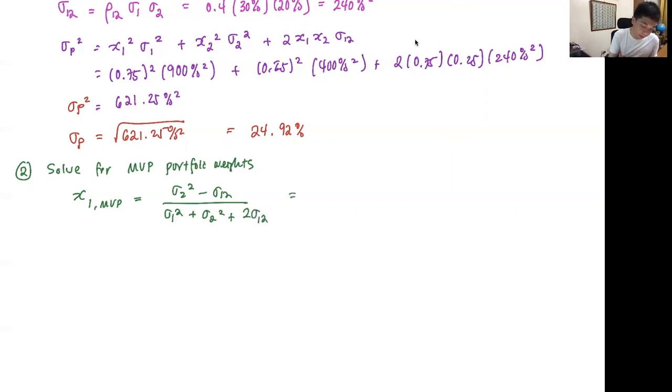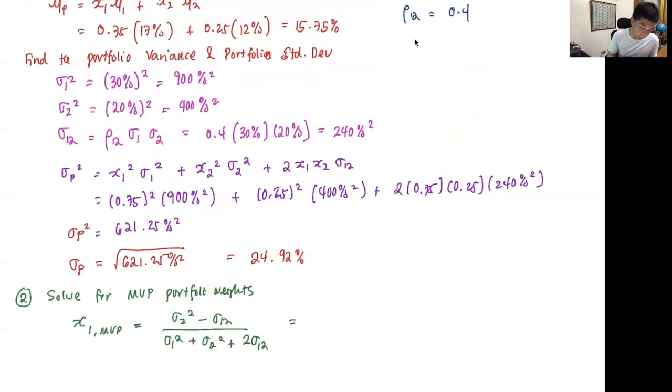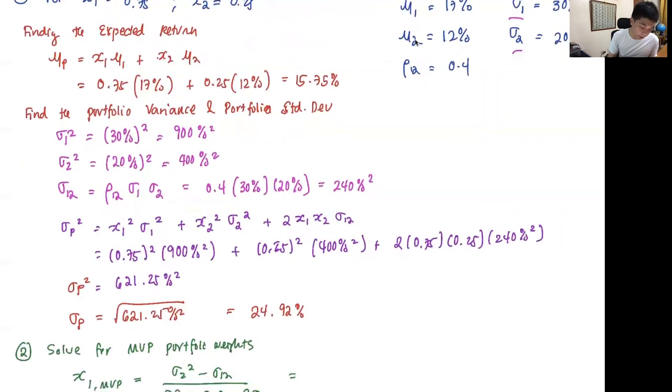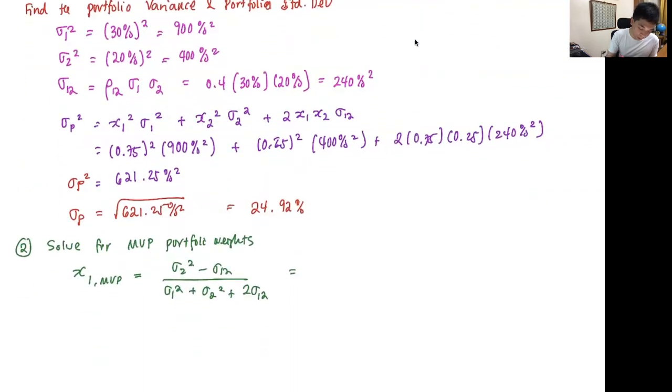And if we plug in what we have, sigma 2 squared is going to be equal to 400% squared, minus our sigma 12, which is going to be equal to 240% squared, right?